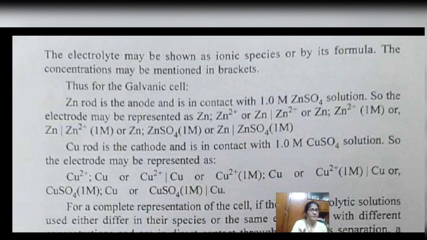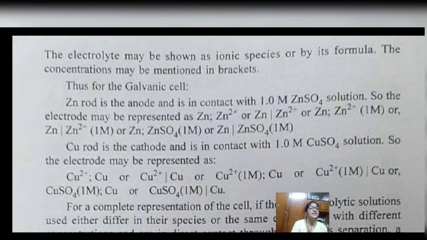Then there is a salt bridge. To represent the salt bridge, we draw two parallel vertical lines. This represents the salt bridge in between. After the salt bridge, what happens? The Cu2+ from copper sulfate solution takes up electron. So we write Cu2+, having the concentration aqueous 1 molar within bracket, then again a vertical line, and then copper solid.